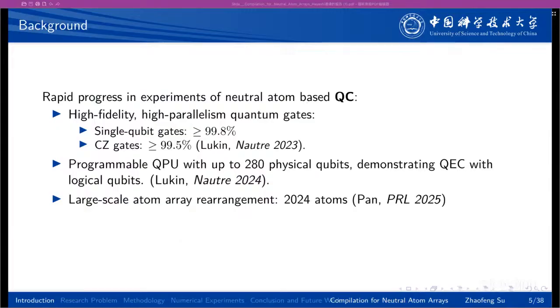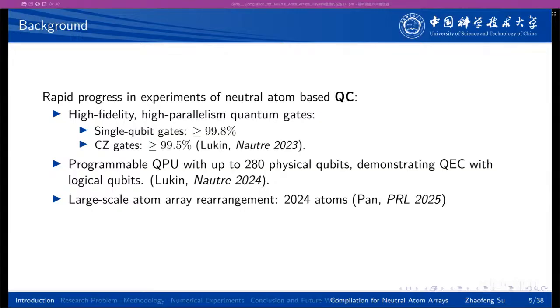In recent years, experiments of quantum computing based on neutral atoms have seen remarkable progress. It has achieved high fidelity and high parallelism quantum gates.